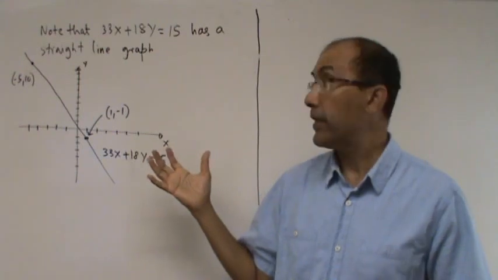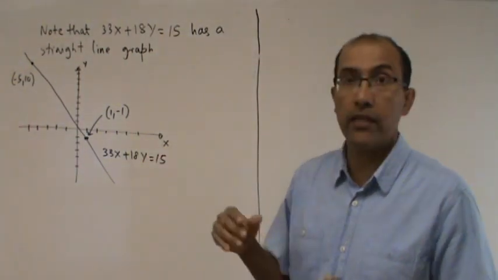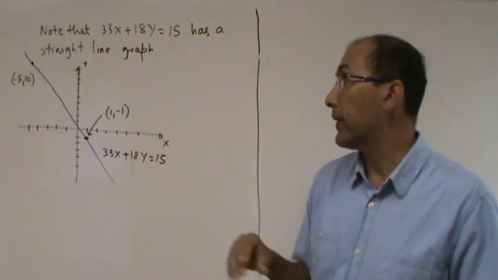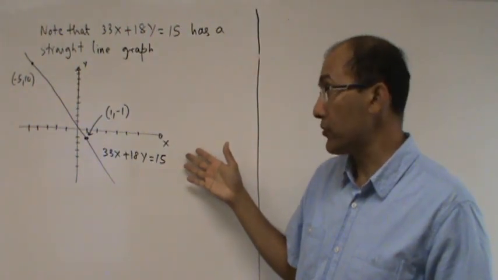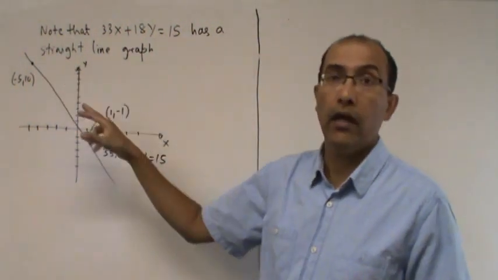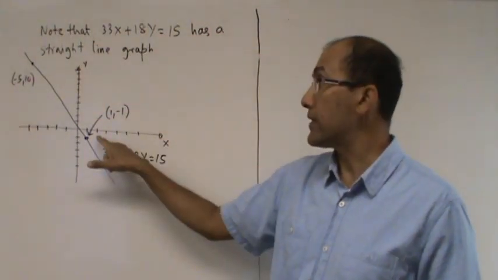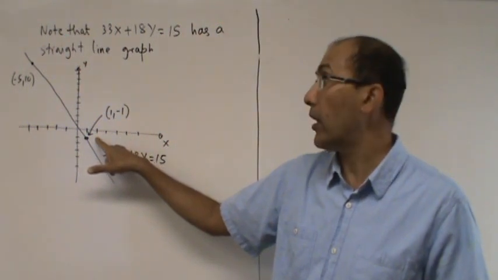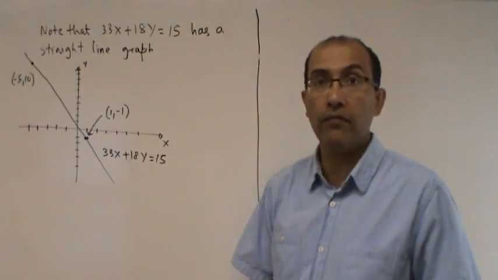Let's graph this and see what it looks like. 33x plus 18y equals 15 is a straight line graph, and another way to look at it is the graphical method, and you want to see where this line has integer solutions. So you can see that if you graph this line, it will go through an integer point at 1, negative 1, and the next time it goes through an integer point is negative 5, 10.